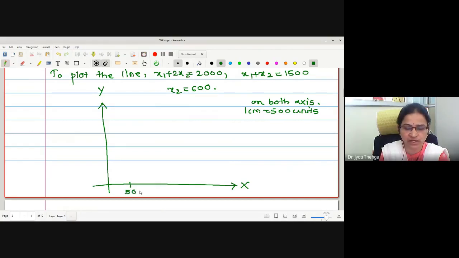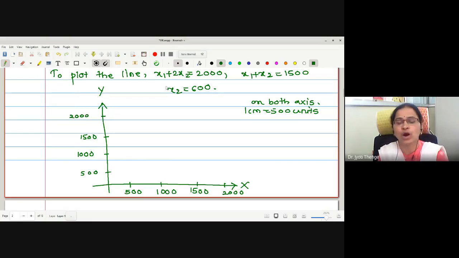If this is 500, this is 1000. Okay, every student has to plot with me. This is 2000. And on the y axis also we are going to do the same thing. 500, 1000, 1500 and 2000.